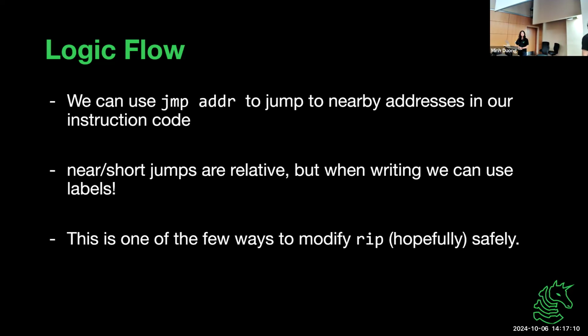So this jump might be, hey, jump to -20. If I'm at position 100 and it says jump -20, I go to position 80. I don't specify position 80 exactly. But you can have long jumps which require you to specify the address in full. And jumps are the only way we can write to RIP directly and safely.